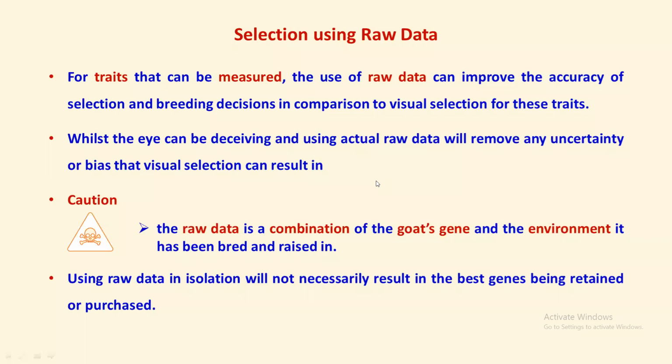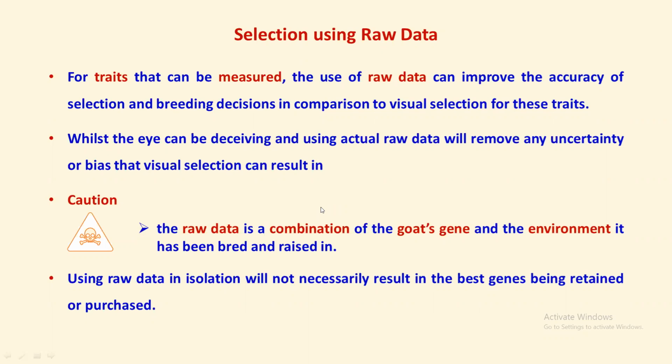There will be some error. Whatever trait is related to milk production and meat, you collect the raw data of that and you include it with the visual selection. But this raw data is also a combination of the genetic and the environmental component, right?